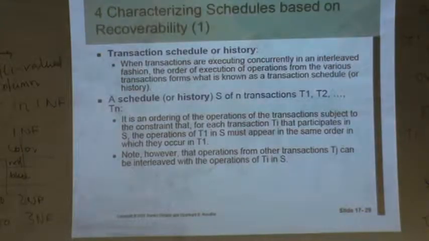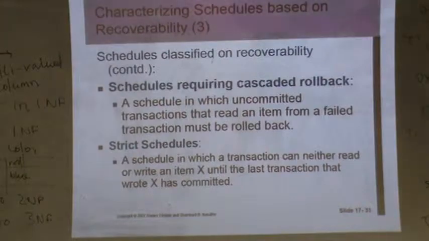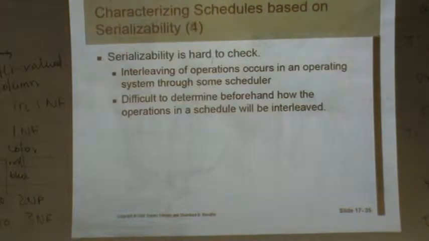So we need to schedule the running of multiple transactions. That is called the serialization problem, or the schedule of a number of transactions. But I'm going to skip this part.